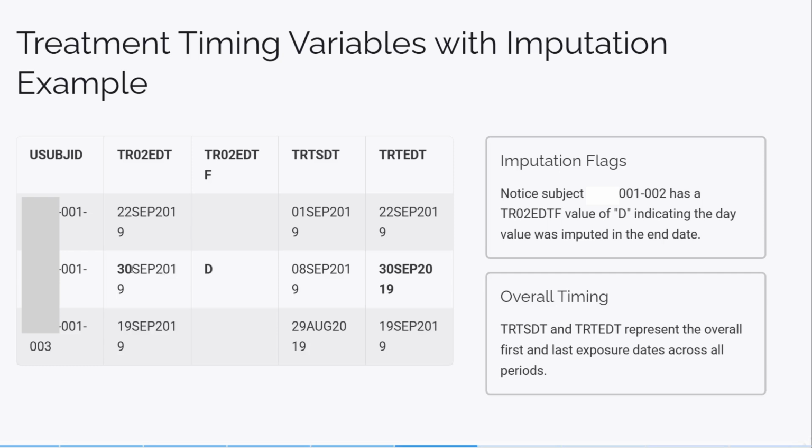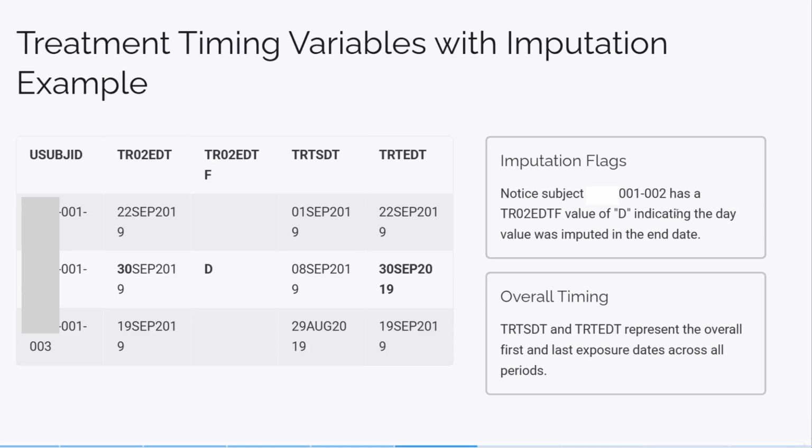Because this is an end date, we imputed with the end of the month and gave the flag D for the day, and the TRTEDT, the final end date, will have the imputed date.